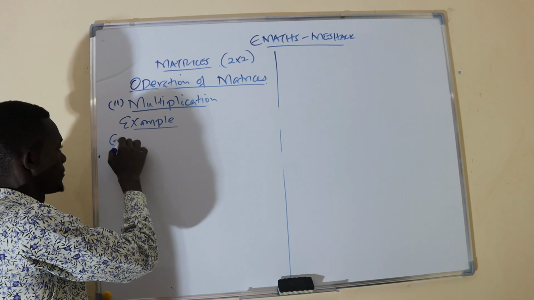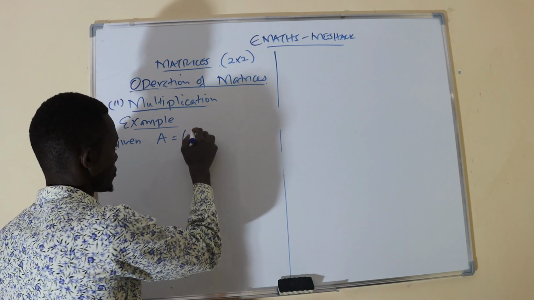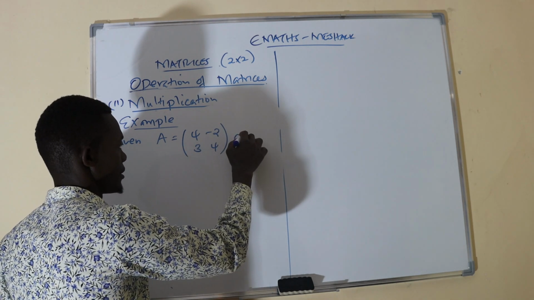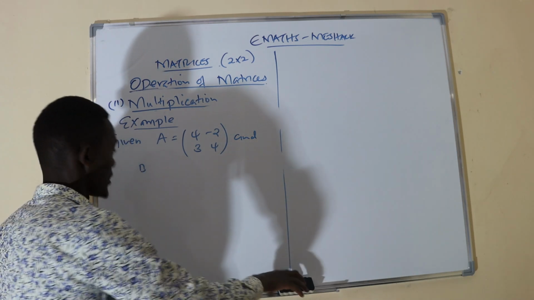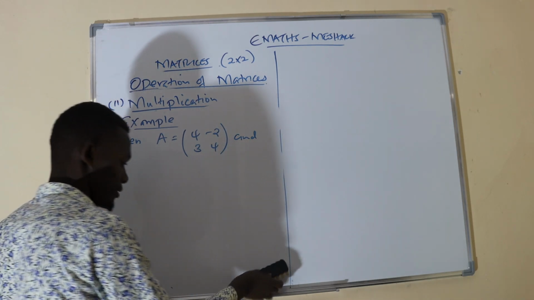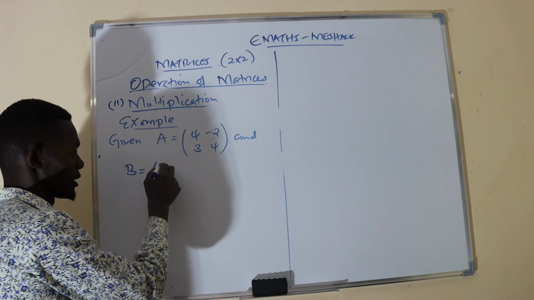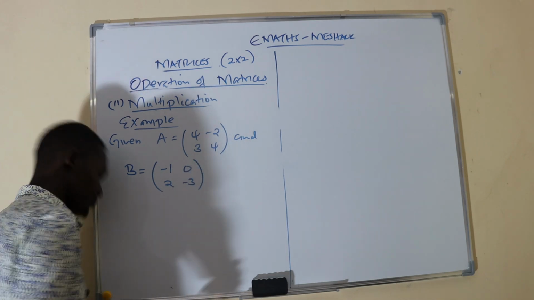Given A is 4, -2, 3, 4, and B is given by -1, 0, 2, -3.